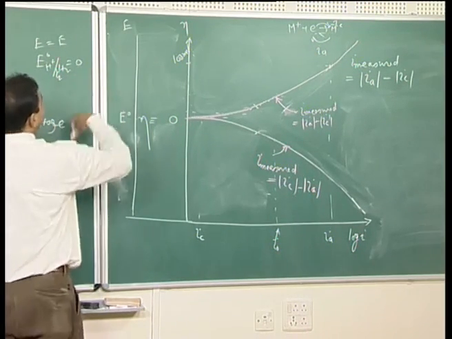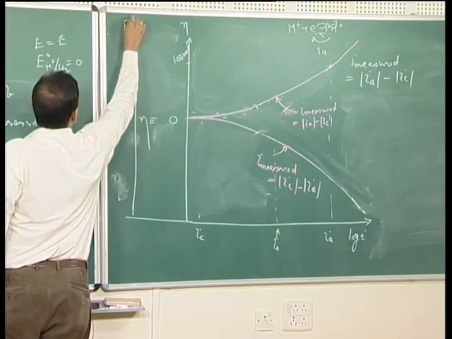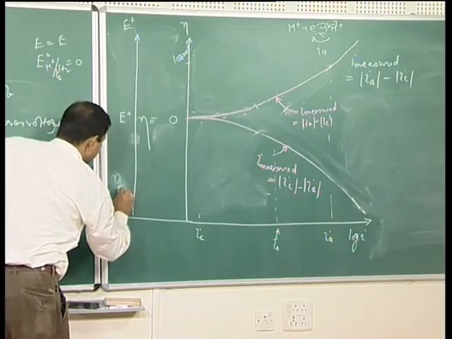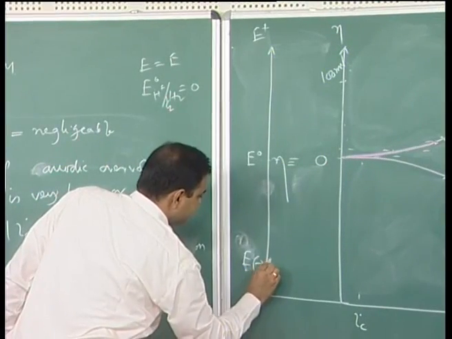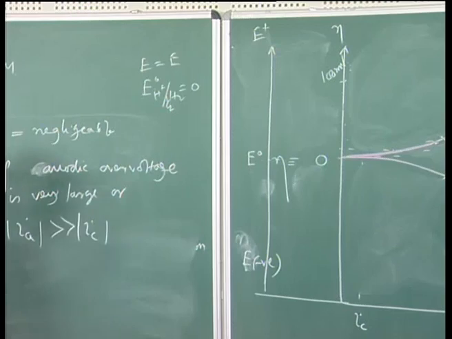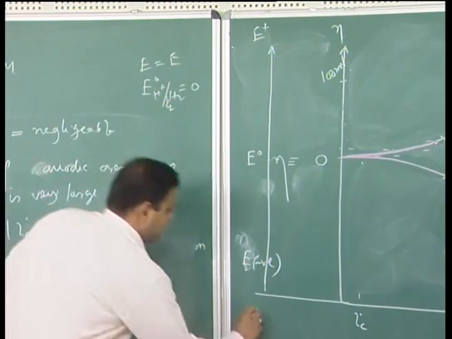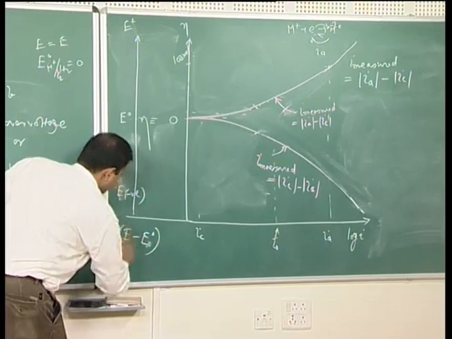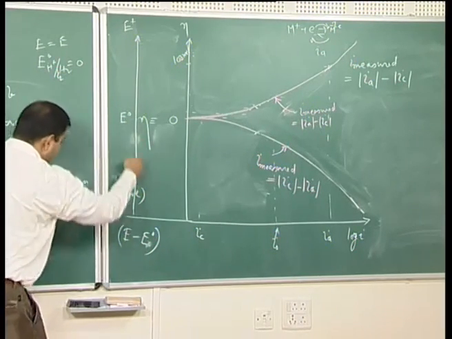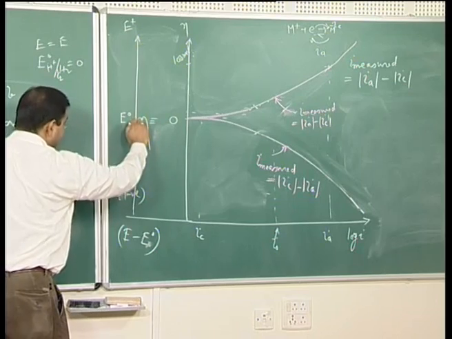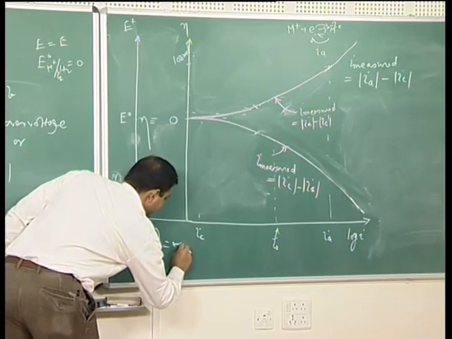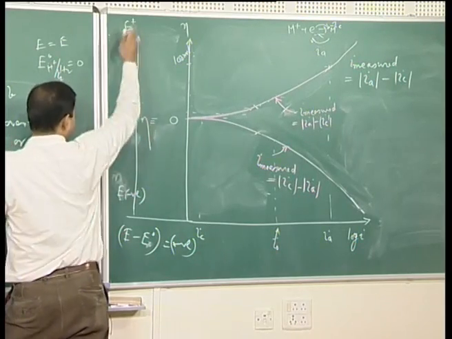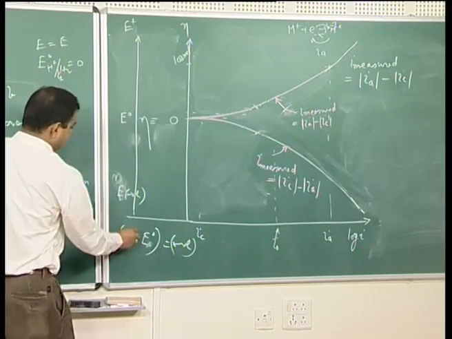Now, as you go up, this would be E positive compared to this definitely, and this would be E negative. E negative means E minus E0 along from 0 point or E0 point would be negative, and if you compare, this is E positive, this is E negative.